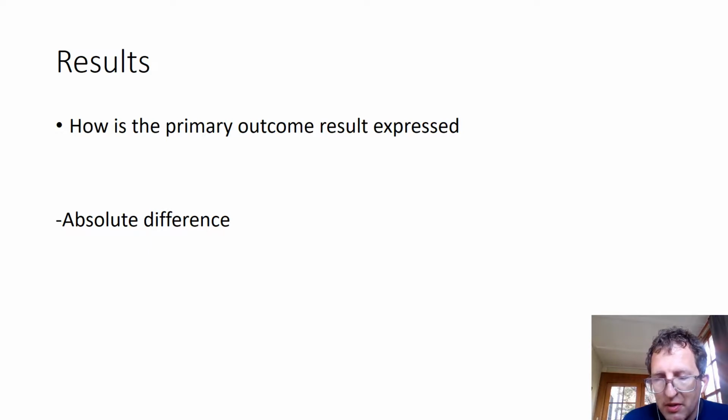So, for example, if I had a medication looking at preventing stroke, say drug X, and I'm comparing it with the placebo, if the risk of a stroke went from 8 in 100, which is the risk in the placebo group, down to 2 in 100, which is the treatment group, that means there's an absolute risk reduction of 8 minus 2, which is 6 per 100 people. And that might be how the study chooses to express the result.